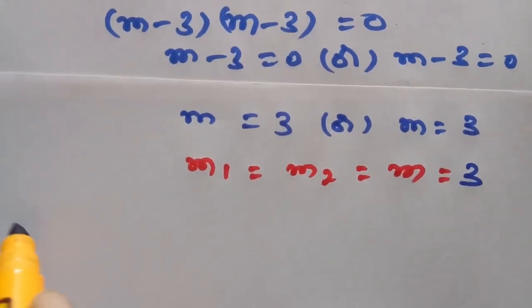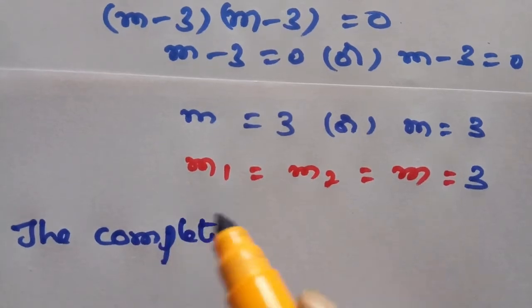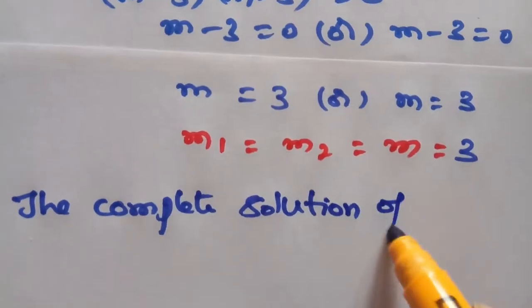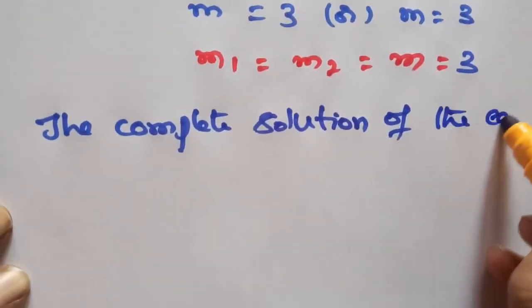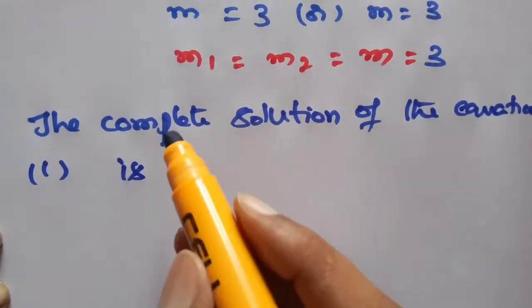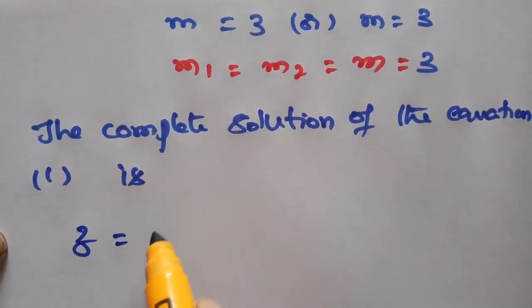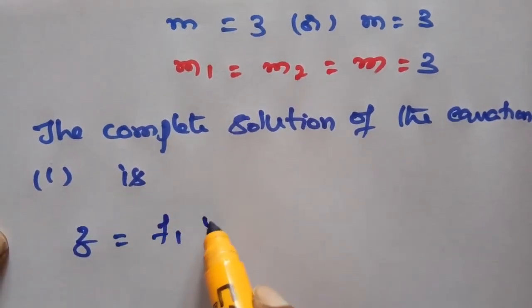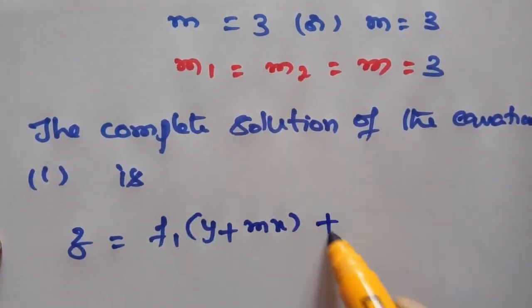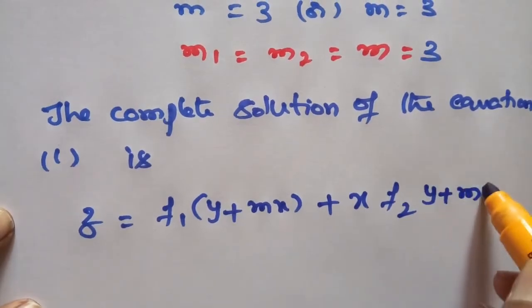Therefore, the complete solution of the equation 1 is z is equal to f1 of y plus mx plus x into f2 of y plus mx.